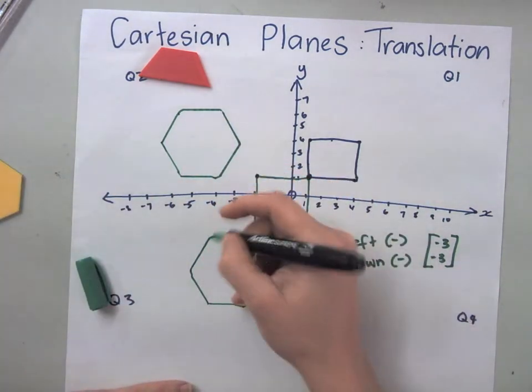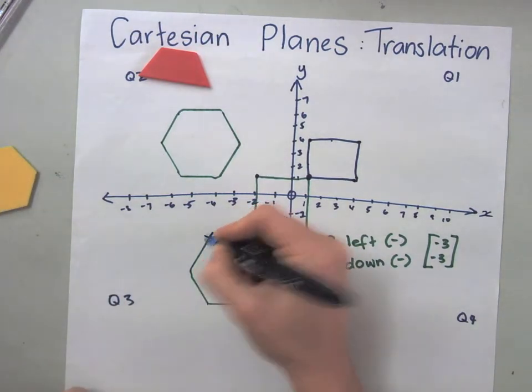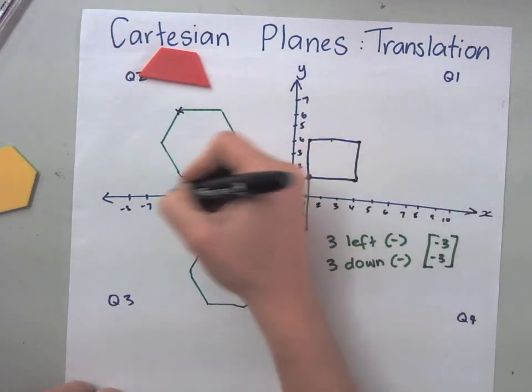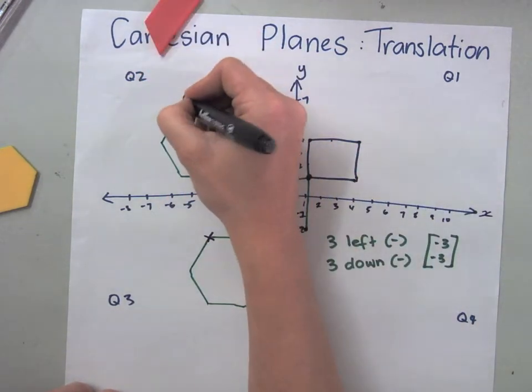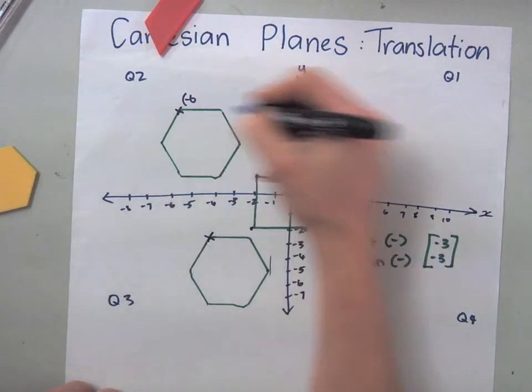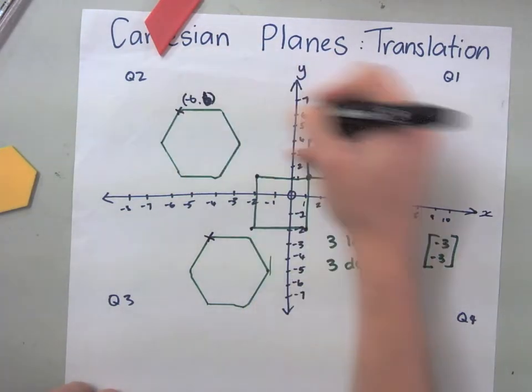And I'm going to choose this corner here. Okay, so it needs to be the same corner on both shapes. Now my first one, this coordinate here is -6 because we go to -6 on the x-axis and it is sitting at +6, not +8, +6 on the y-axis.